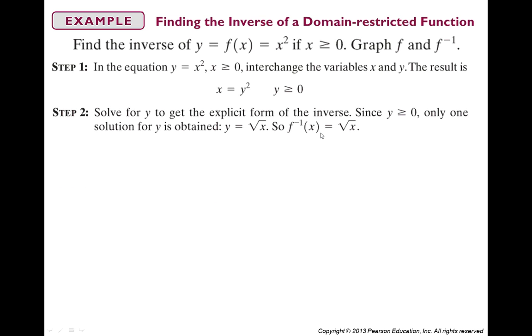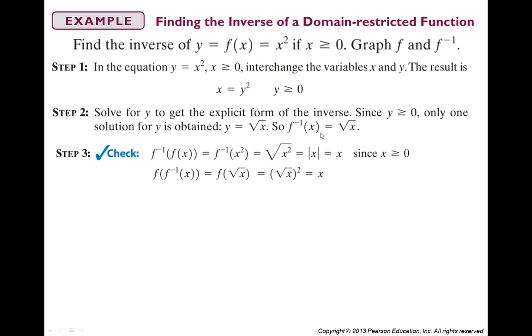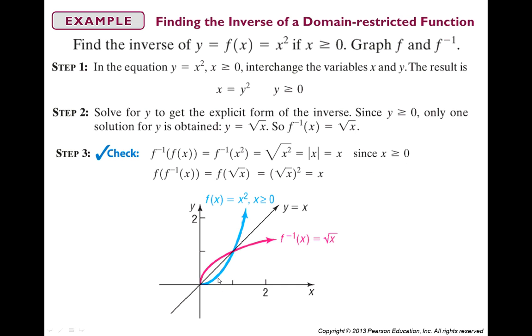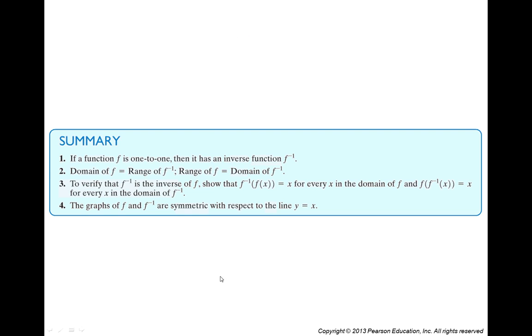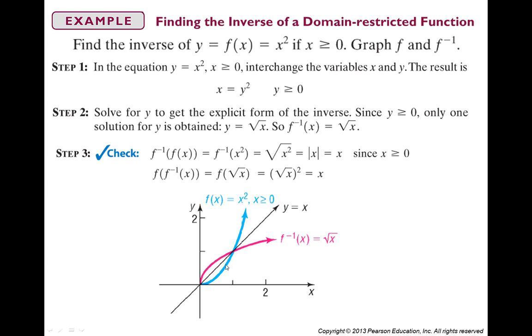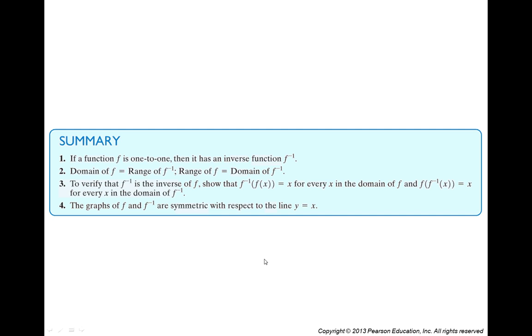When you do that, the process works just the same, but you have to keep your domain the same throughout, so that you're restricting it. So we are just taking this right-hand side of the parabola. So when we do the inverse, we just inverse that right-hand side. And that's it.